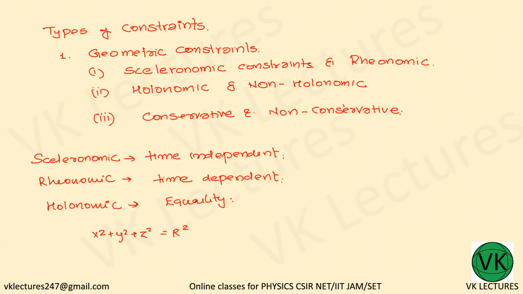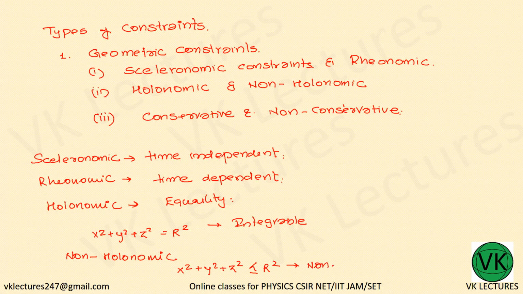And about non-holonomic, non-holonomic means we write x square plus y square plus z square less than or equal to r square. So this is an example of a non-holonomic constraint. And holonomic constraints are integrable constraints, while this is non-integrable.